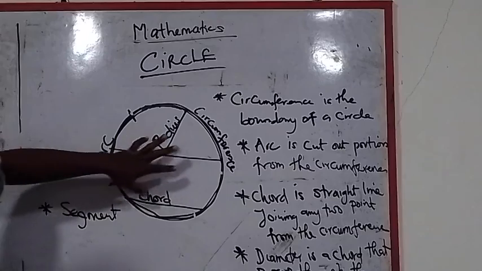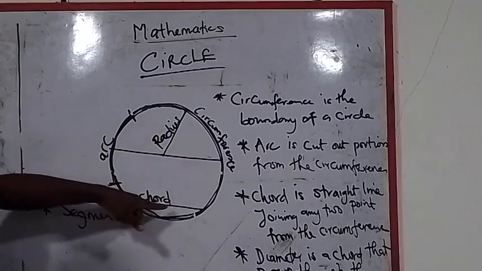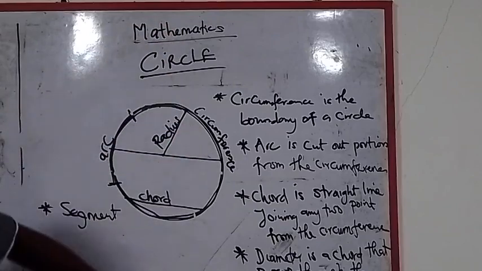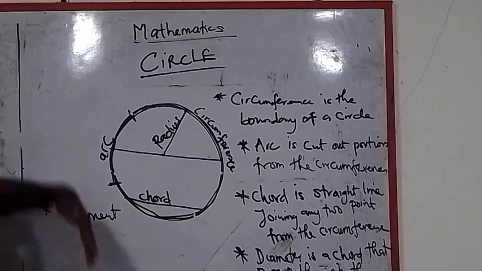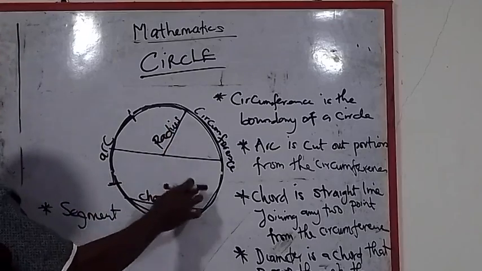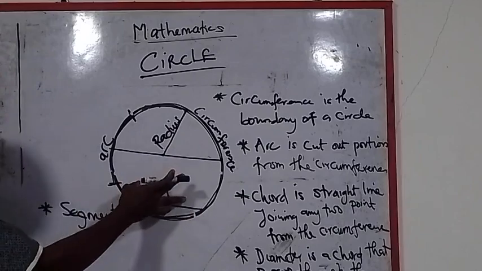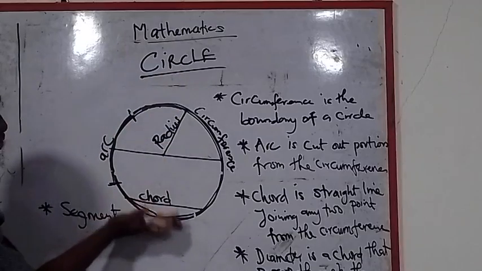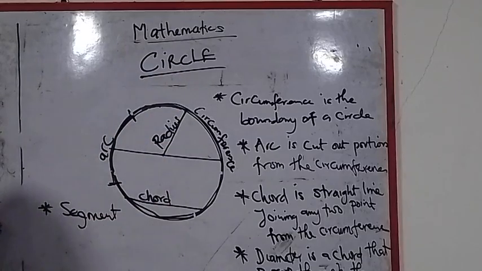If this chord was the only thing that was here, you see that this chord has divided this circle into a bigger portion up there and a smaller one down there. All these areas from this chord upward, we call major segment, while the one downward is called a minor segment.